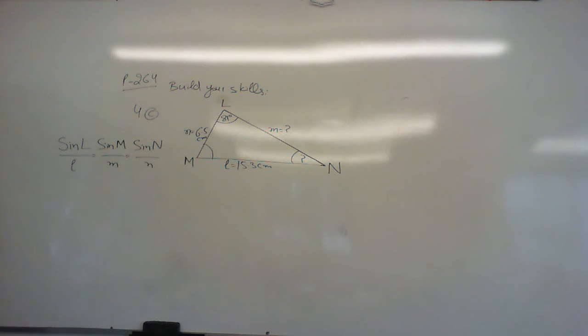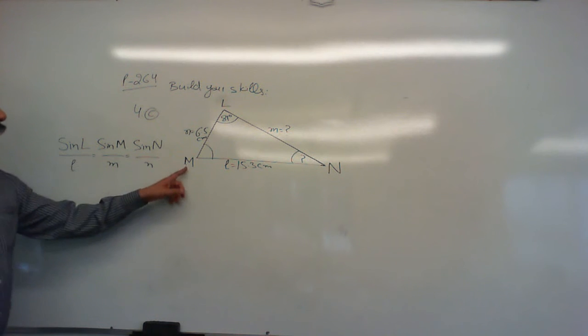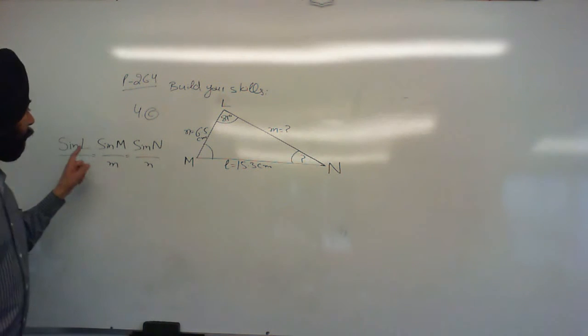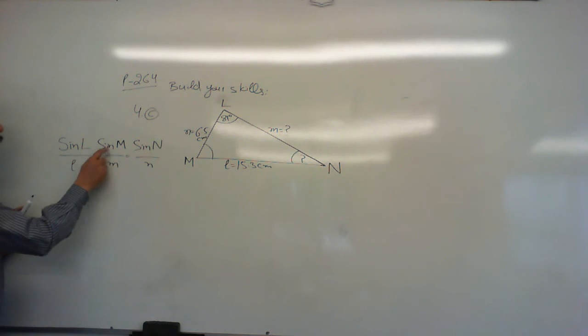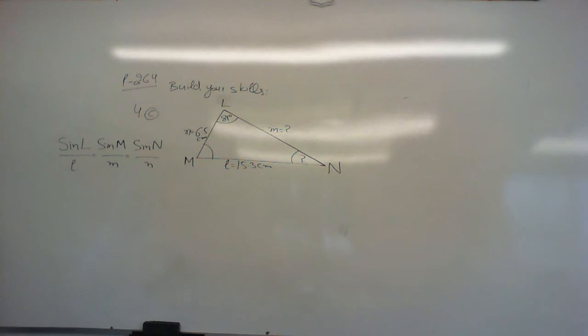You can change the letters. It depends on what's given in the triangle. They don't have to be A, B and C always. If the angles are given as LMN, you can use LMN. Just remember that you will have capital letters with sine and small letters in the denominator, because this is the angle, this is the side length.